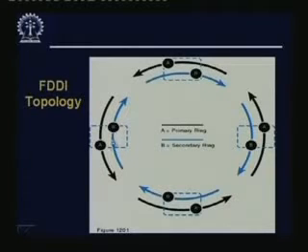Okay. As a matter of fact, this is one reason why FDDI was used and is still used in some places where the reliability of the network is of a very high concern, and we cannot allow it to remain down for any length of time.